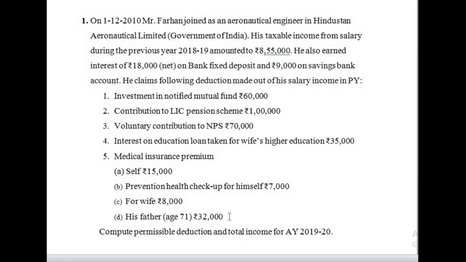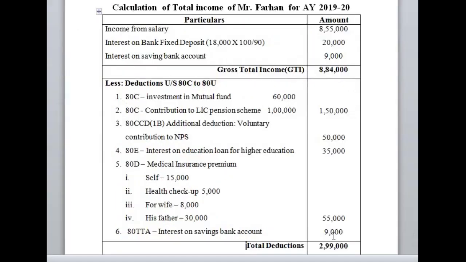So how to find out taxable total income for the assessment year 2019-20? Like calculation of total income of Mr. Farhan for the assessment year 2019-20. So for the purpose of calculation of total income, first we need to find out gross total income.